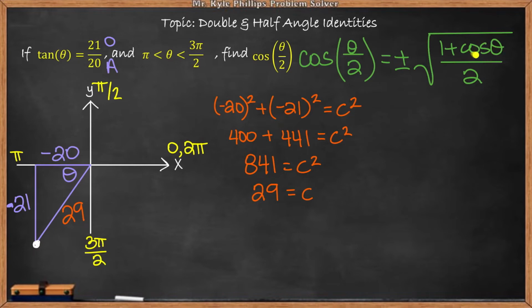So cosine of theta here is going to be the adjacent, negative 20, over 29. So here we have plus or minus the square root of 1 minus 20 over 29, and this will all be over 2.